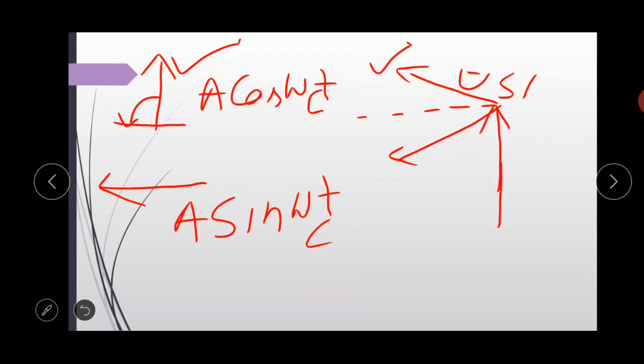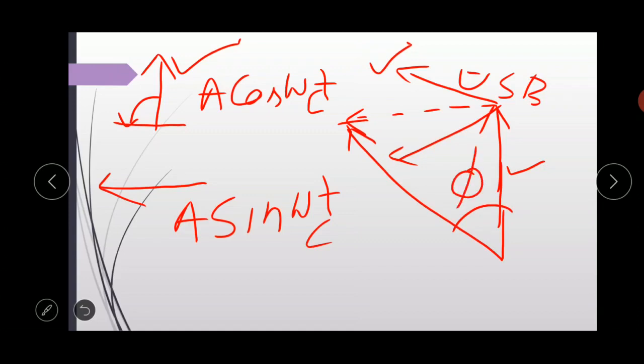This one is the unmodulated carrier and this one is the sideband. So the resultant vector is like this, and it creates a phase phi with the carrier.